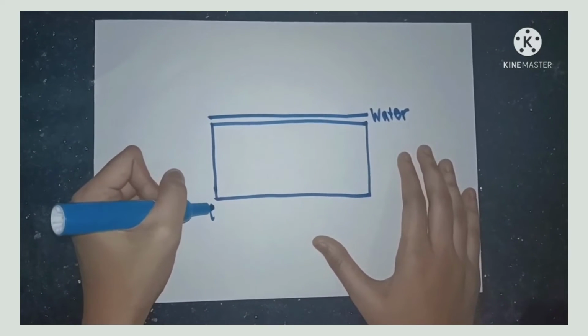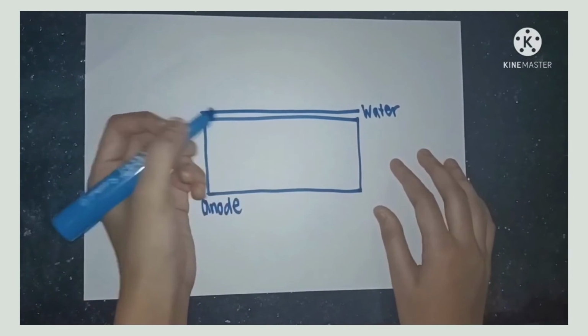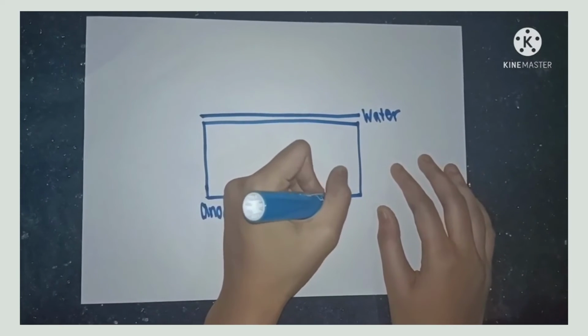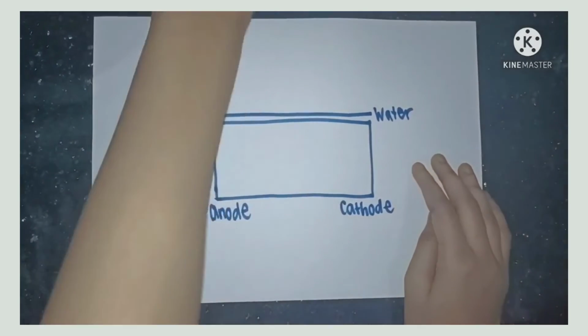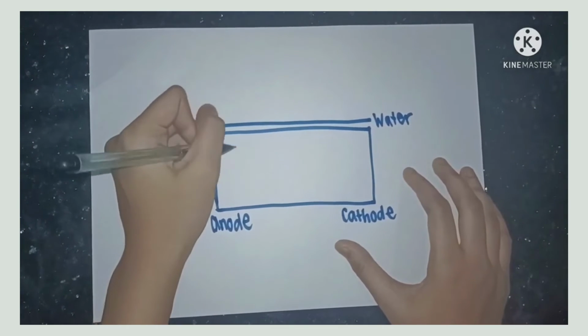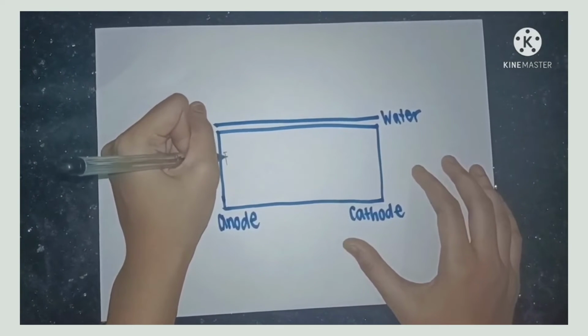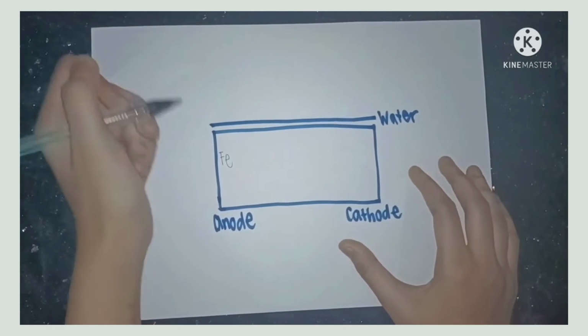Some part of this surface will act as anode and some part will act as cathode. So this is an iron surface wherein all the reactions will take place.